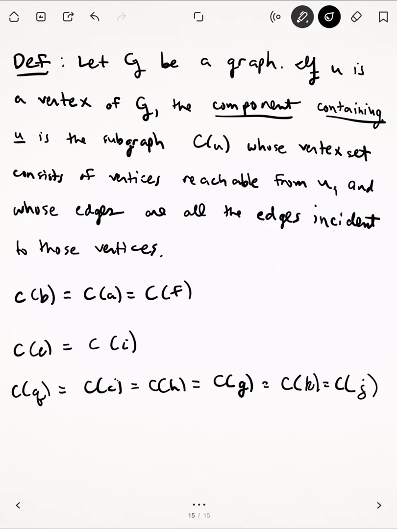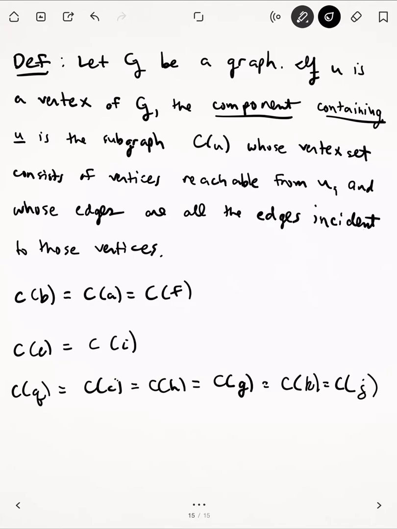This idea that they seem to form a partition is the exact idea that allows us to define an equivalence relation on graphs. Notice, because B is reachable from A, the component containing B and the component containing A are equal. That goes back to the idea that if any two equivalence classes have any points in common, they must be exactly the same.